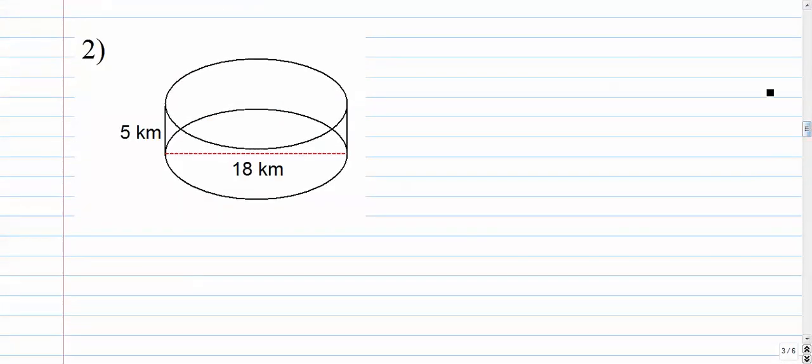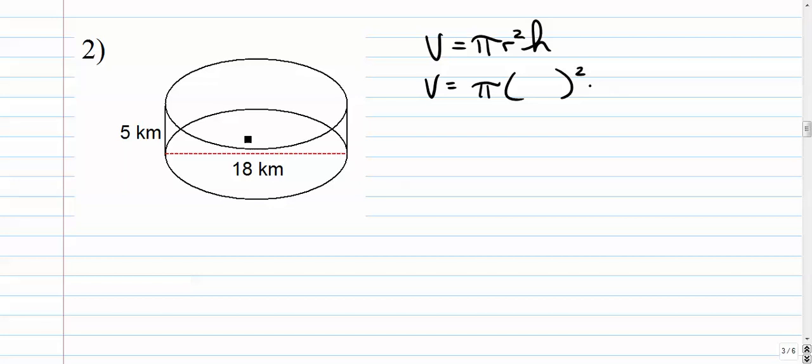Number two, we have volume is pi r squared times h. The radius is half of 18, so 9. So be careful when they give you diameter, you can't use that as your radius. That's 9 times our height is 5.